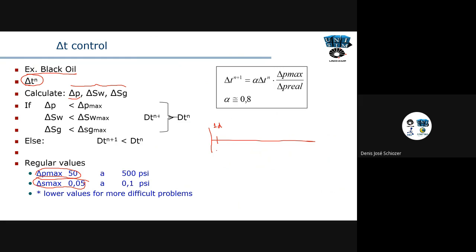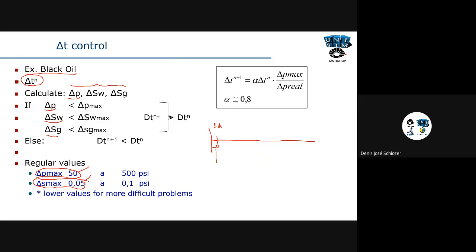and then it does the convergence of one time step, okay? And then it calculates the variation in pressure and the variation in saturation from the beginning to the end of the time step. And these are the maximum I can accept, okay? So let's assume I have these values here, 50 for pressure and 0.05 for saturation.